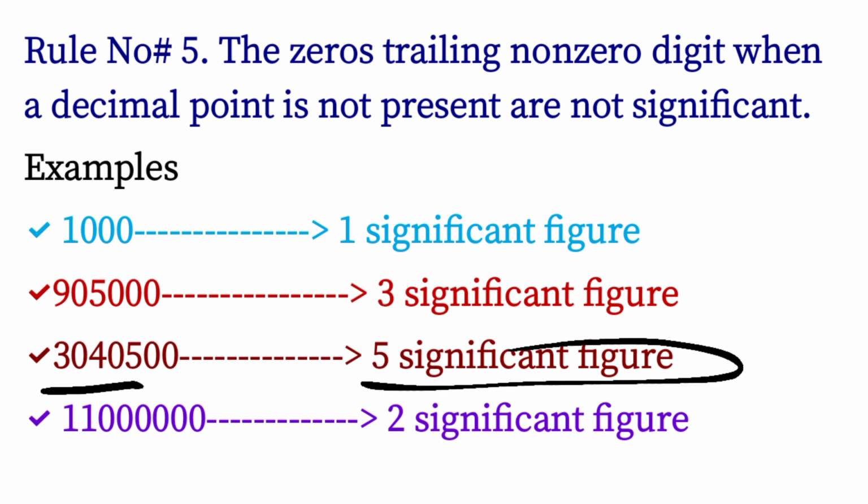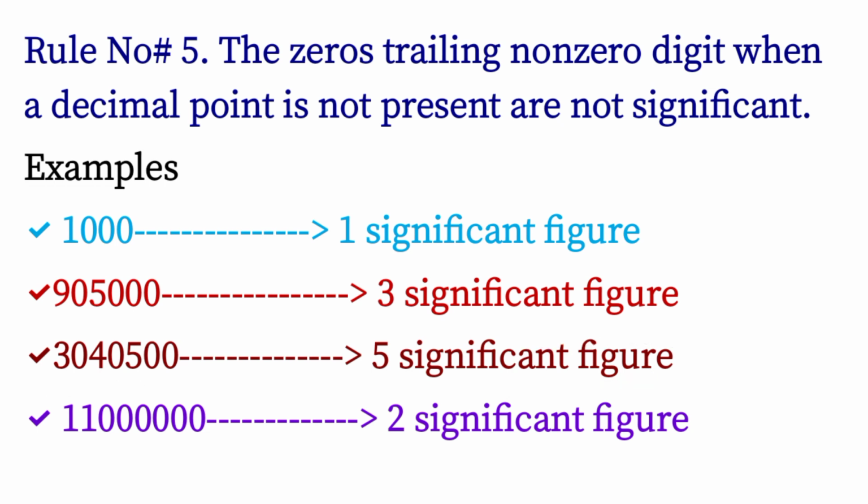The last 2 zeros are not supposed to be counted. Okay, the last question says, in 11 million, how many significant figures do we have? We've got only 2, because these other zeros are called trailing zeros, and because we don't have a point, they are not significant. Therefore, we've got 2 significant figures.